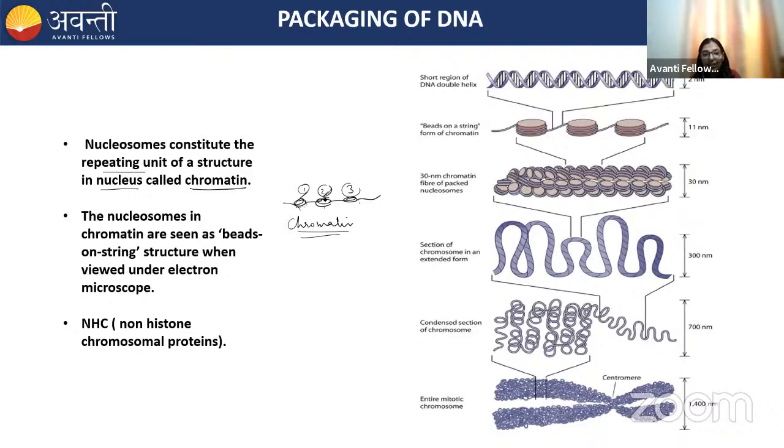In chromatin, the nucleosomes appear like beads on a string. Further packaging of chromatin, or the higher level of packaging, requires another set of proteins known as non-histone chromosomal proteins.